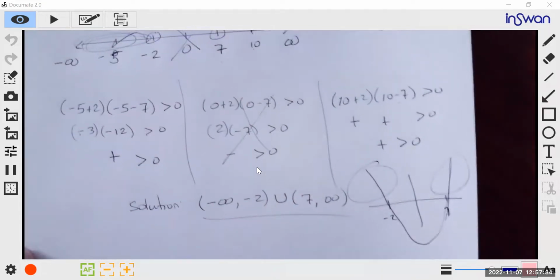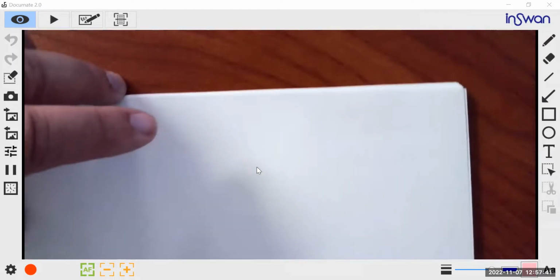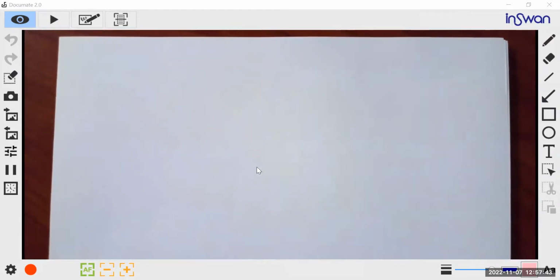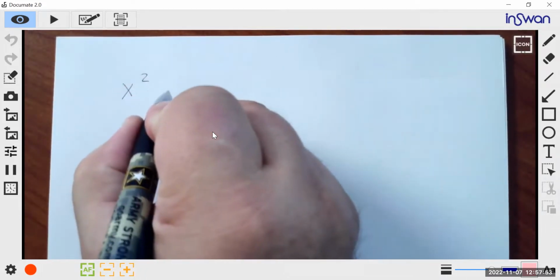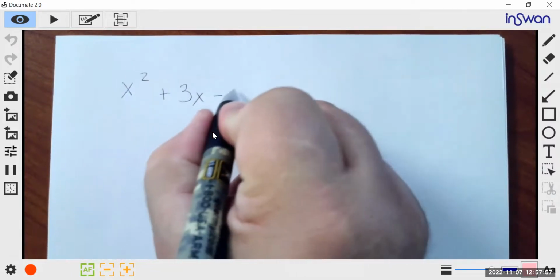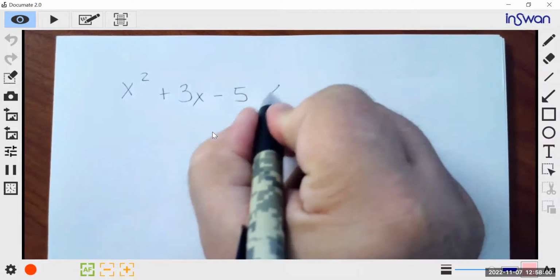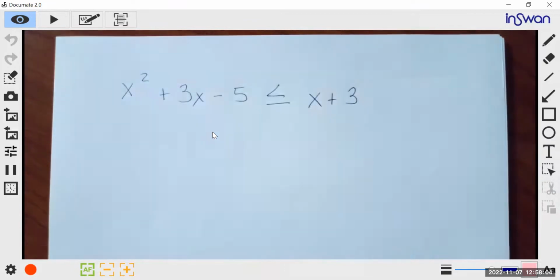Let's do some more examples. x squared plus 3x minus 5 less than or equal to x plus 3.